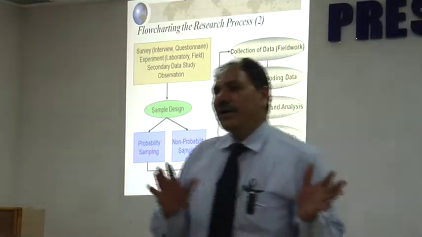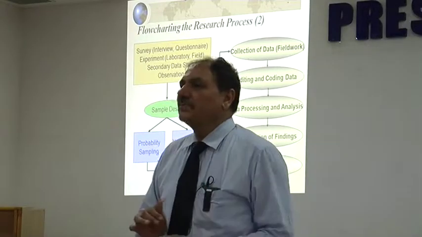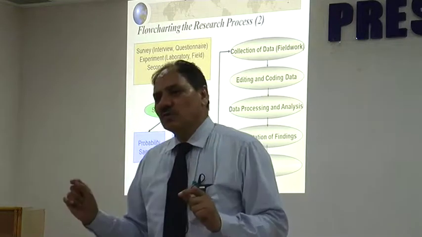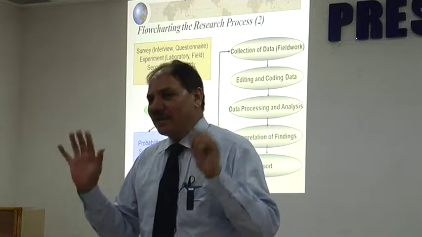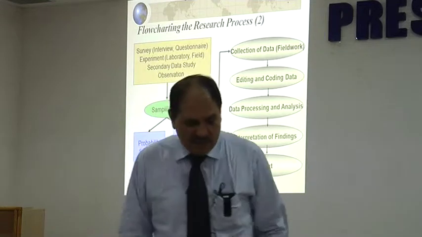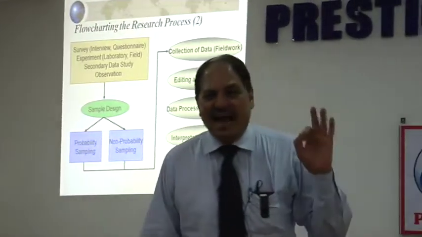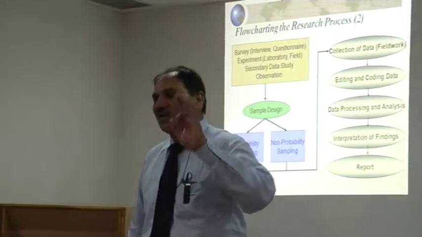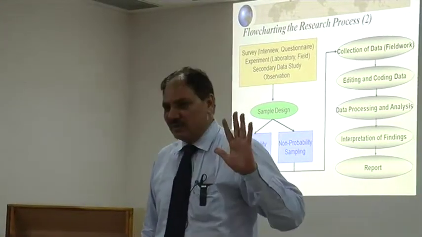For all your parametric statistical tools, and I will tell you where parametric tools apply, sample size should be 10 times the number of statements in your questionnaire or in your measure, whatever tool you are using.